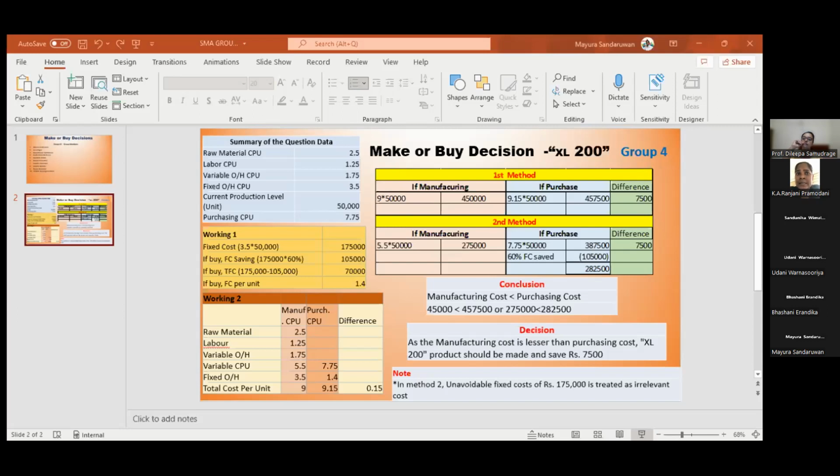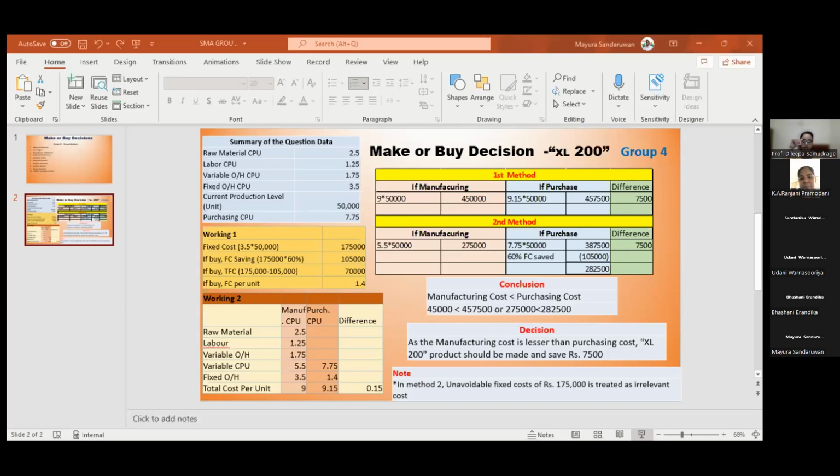Here we consider purchasing cost as well as fixed cost saving. In conclusion, based on both methods, it is more profitable to manufacture the product rather than outsourcing. By manufacturing this product, the company can earn 7,500 profit.